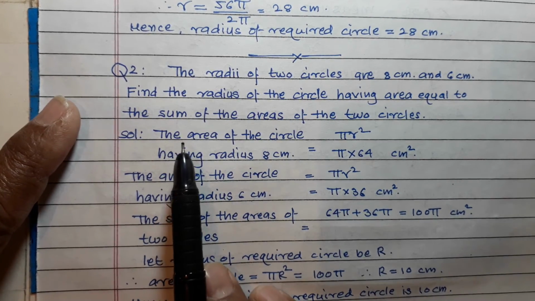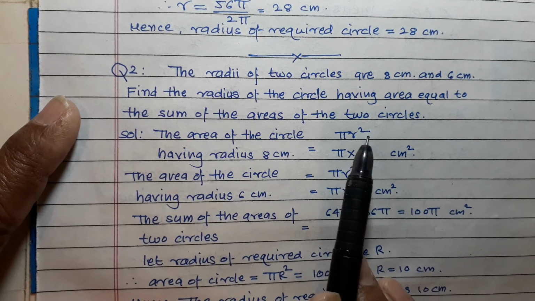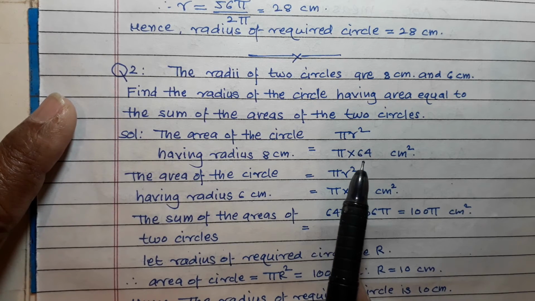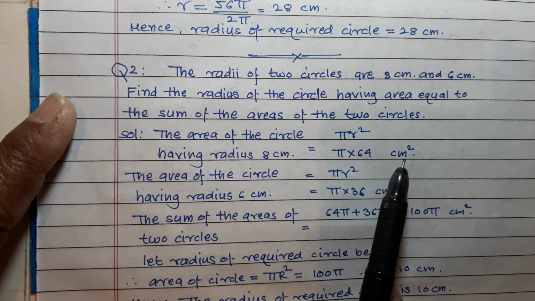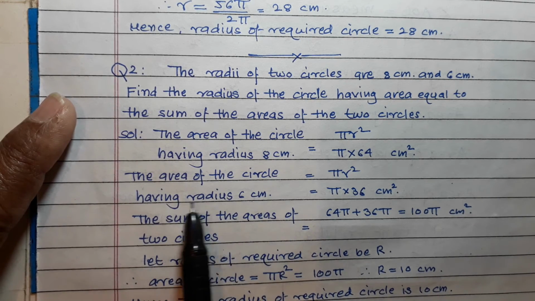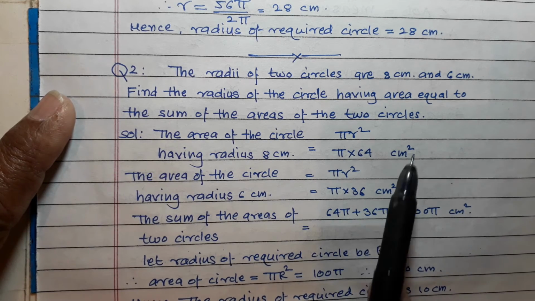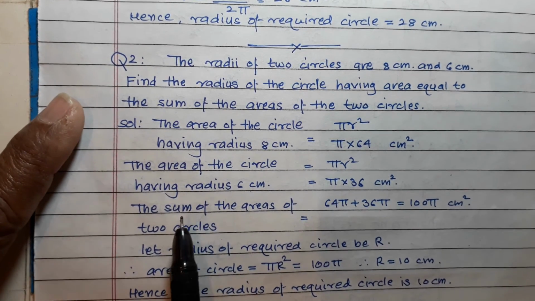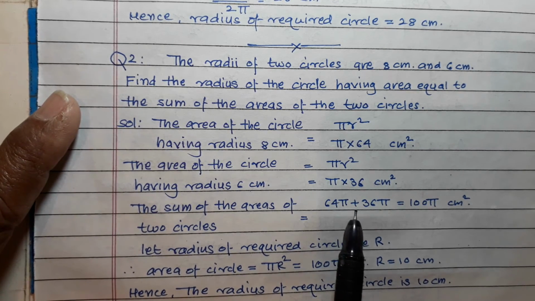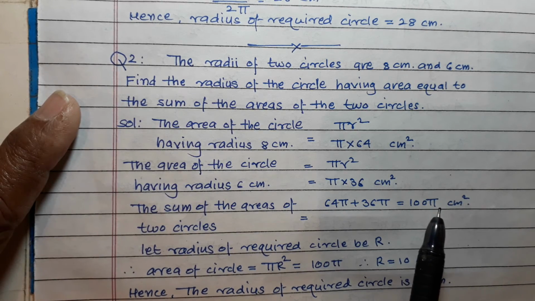Now the area of the circle pi r square having radius 8 centimeter is equal to pi into 64 cm square. The area of the circle having radius 6 centimeter is equal to pi into 36 cm square, and therefore the sum of the areas of two circles is equal to 64 pi plus 36 pi is equal to 100 pi cm square.